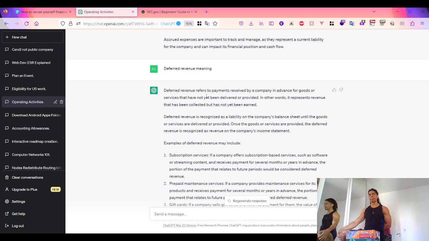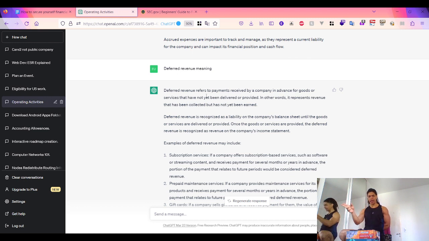Whereas accrued expenses are obligations that a company has to pay for good and service that has been received but not yet paid for.